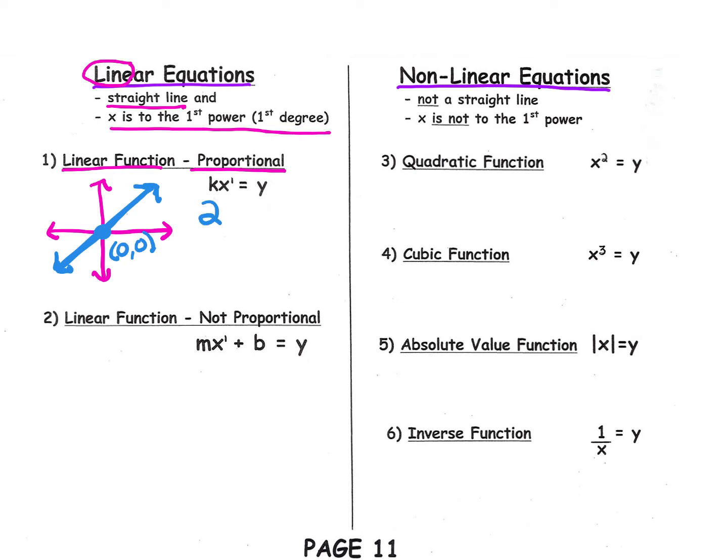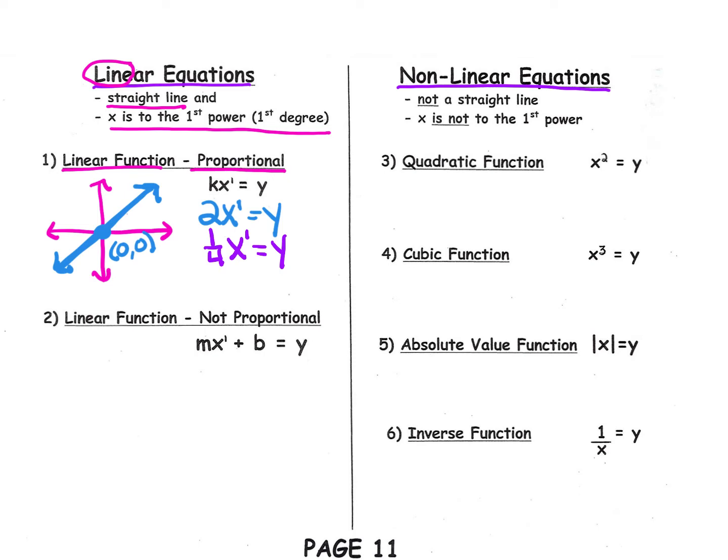Please write down these examples. 2 times x equals y. Now, we don't always write it, but we know x is to the first power. Or you may have a fractional coefficient like 1/4 times x to the first power equals y.